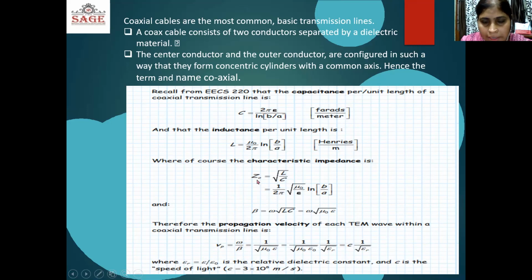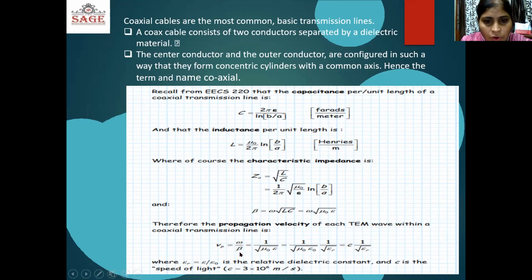So the characteristic impedance depends on the values of inductor and capacitor. Beta is the phase constant. It is equal to omega root LC, also equal to omega root mu naught epsilon. Mu naught is the permeability of free space and epsilon is the permittivity of the insulator.